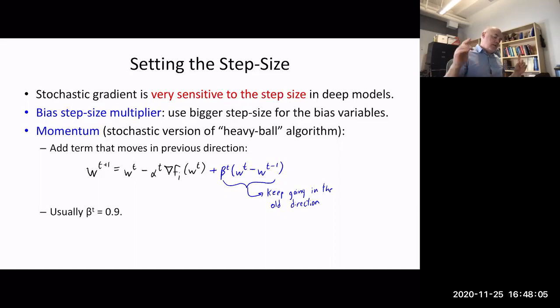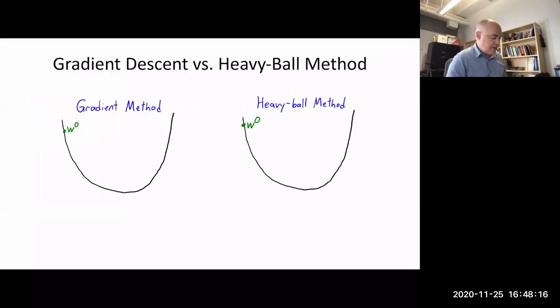And if you add a term that keeps you going in the old direction, you can see this as basically an exponential moving average of all of your last gradients. What does it look like? Here we're going to look at just gradient descent. If you do gradient descent and just follow the gradients with a small step size, you're just going to approach from the left.